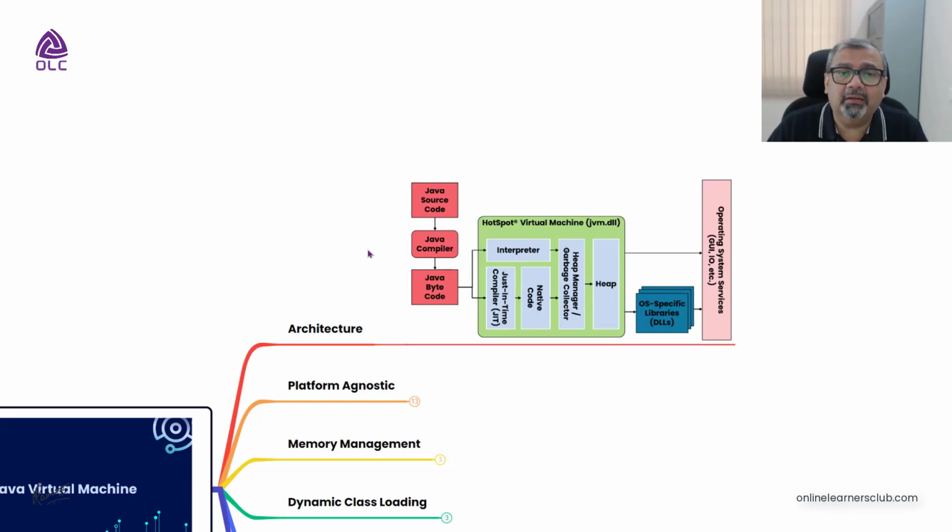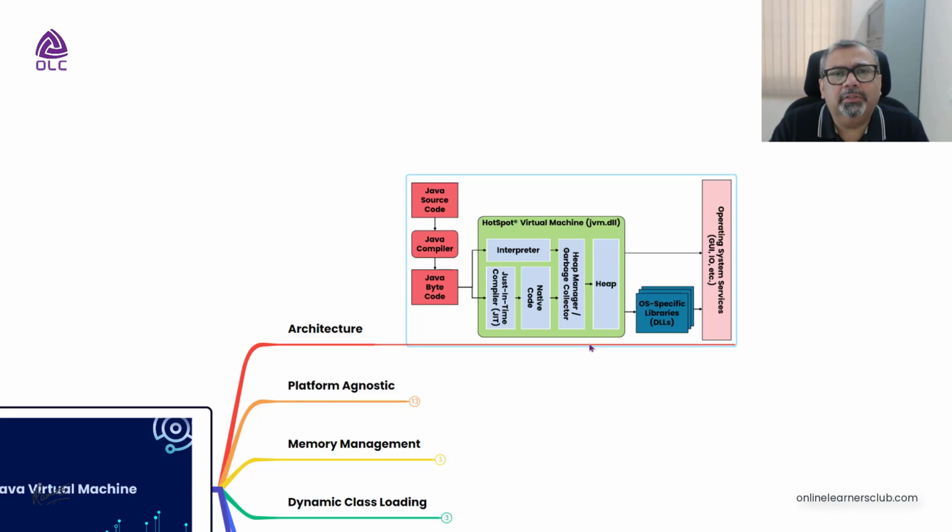So you get the compiler and it gets converted into Java bytecode, and within the Java virtual machine we have an interpreter as well as a just-in-time compiler called JIT. It will basically compile and immediately start running, converting the bytecode into machine instructions. So this is what is being done by the JVM.